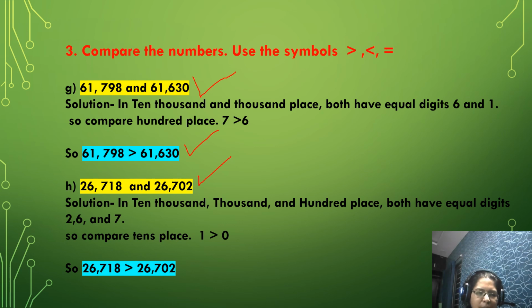Both are equal, 7 and 7. So we have to move to the tens place. In the first number the tens place digit is 1. In the second number the tens place digit is 0. So we know 1 is greater than 0. So we get 26,718 is greater than 26,702.